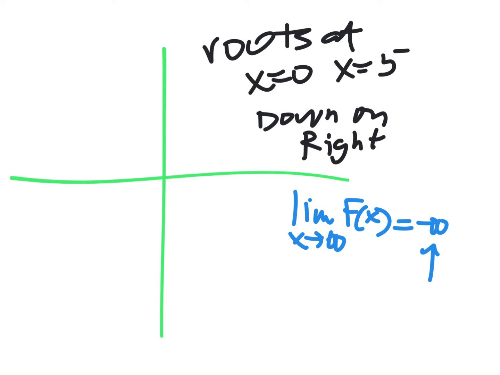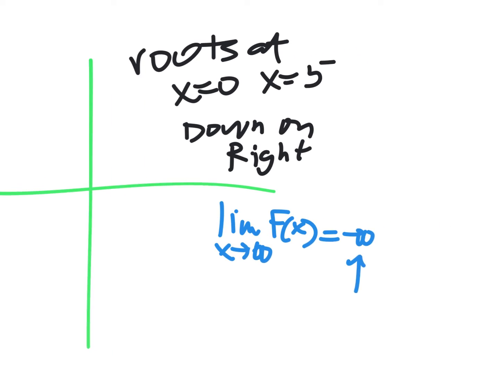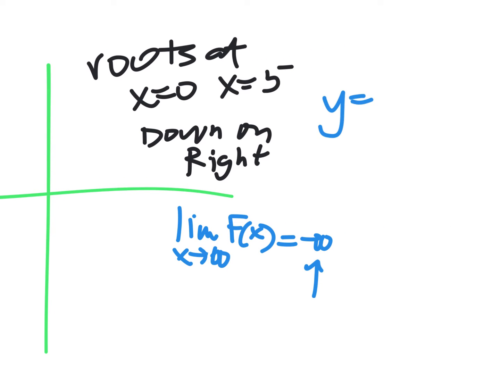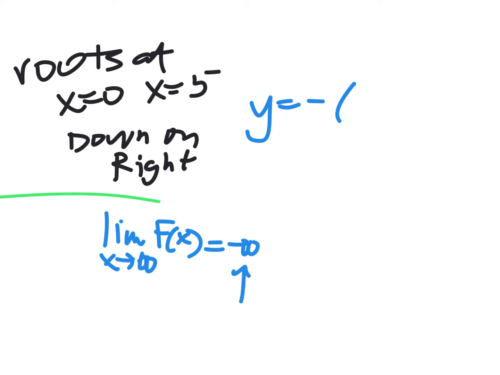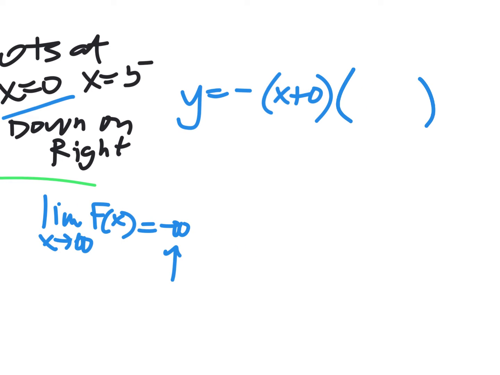Yes, it has a negative lead coefficient. Because that's what it means. If your equation starts with a negative something, then it's going down on the right. So how many of you knew that it was negative? And then I will accept x plus 0 because that would give you this. But what would be simpler than saying x plus 0? X. Yeah, just x would be fine. And then x minus 5.